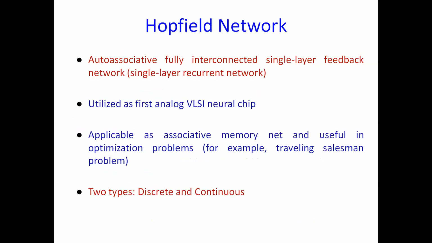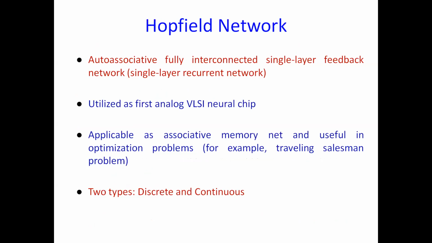Now coming to the next network, which is a very popular network. You can hear about this particular network in many places if you are working with artificial neural network. This very popular network is called Hopfield network.